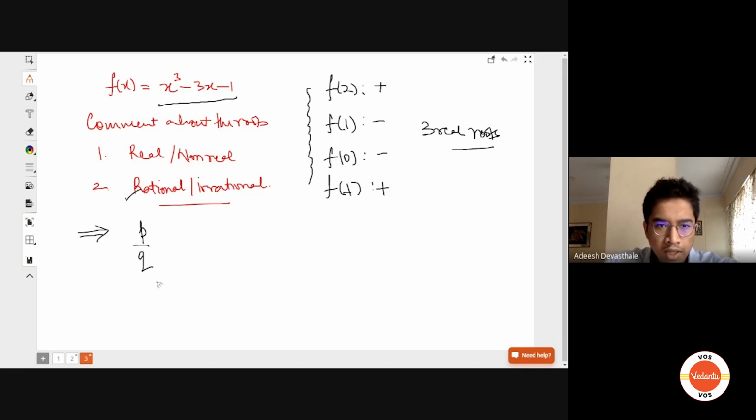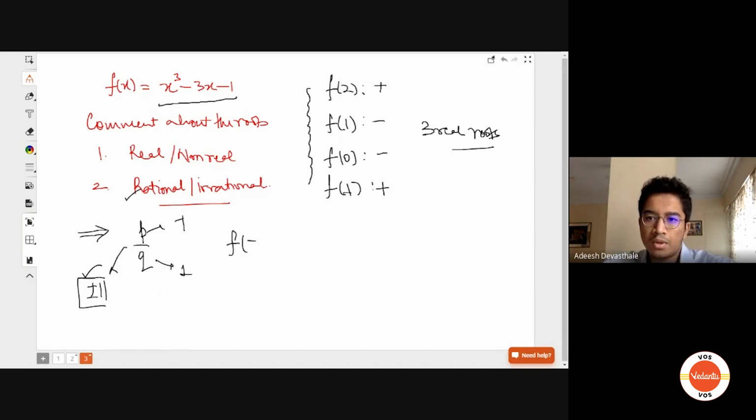Now if I plug f of P over Q into the expression and manipulate it a bit, I get that P must divide 1 and Q must divide 1, the coefficient of x cube. So P must be equal to plus or minus 1. And when I plugged in f of 1 or f of minus 1, it's not giving me 0. That means such a root will not exist.